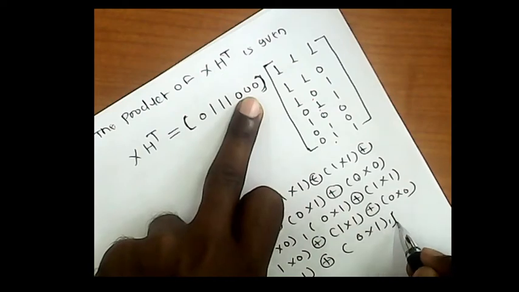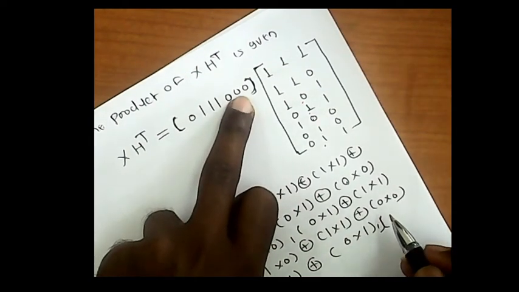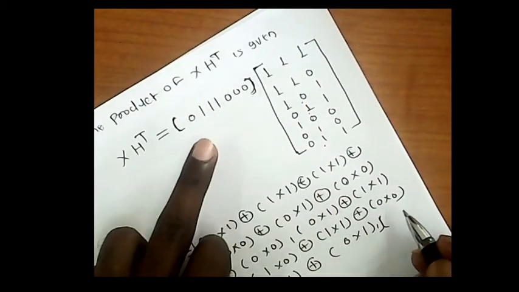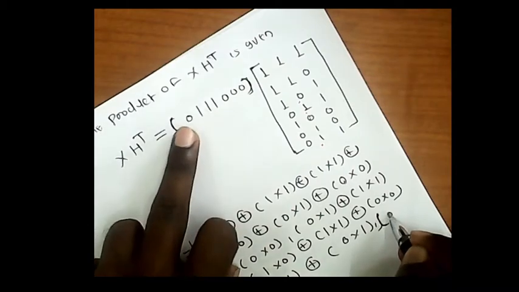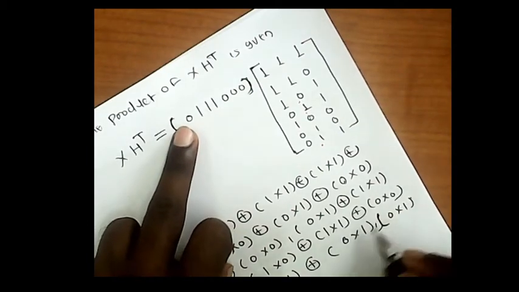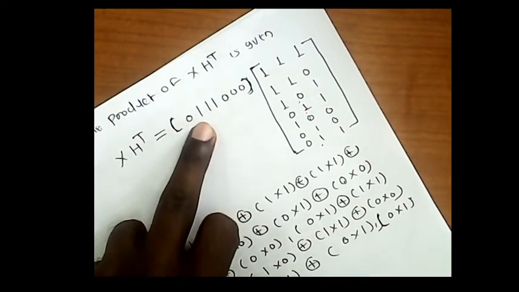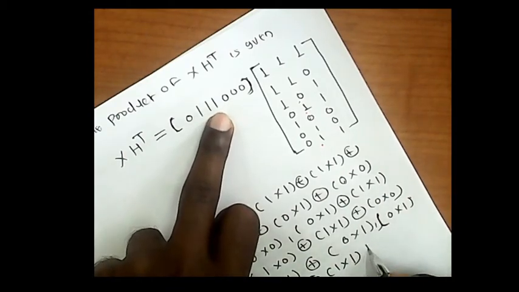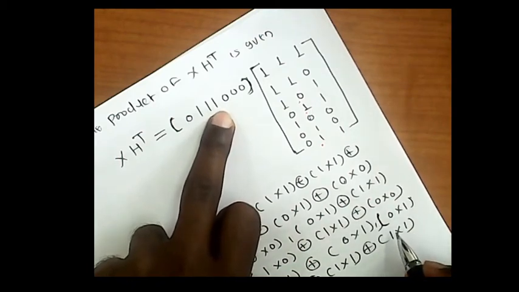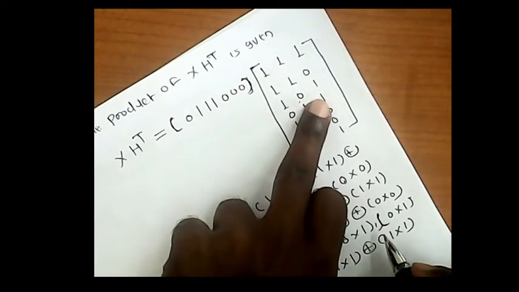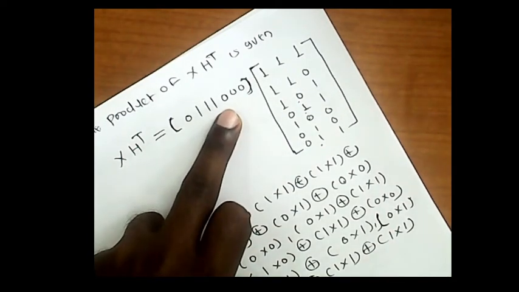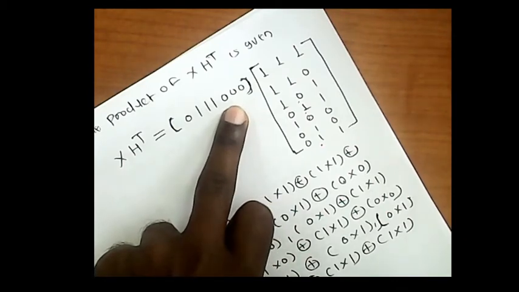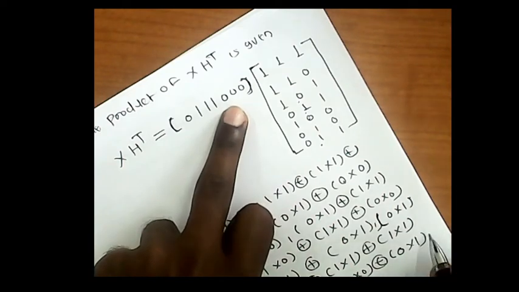Then we take this row and the third column: 0 into 1, 1 into 0, 1 into 1, then 1 into 1, the fourth bit of the third column, then 0 into 0, the sixth bit 0 into 0, and the seventh bit 0 into 1.